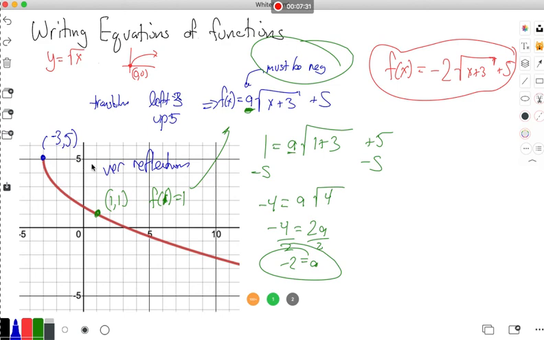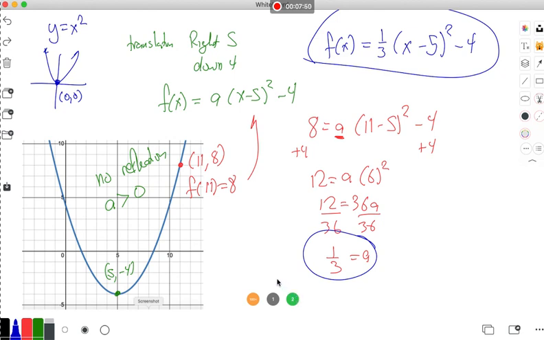Well, I will have to worry about horizontal reflection. I probably should have done one of that. Maybe ask that in class if you still have questions. The dilation, though, we can do with a vertical dilation. So we just put in our factor of A, and then we just need one more point to solve for it. So take a look and keep working with these.